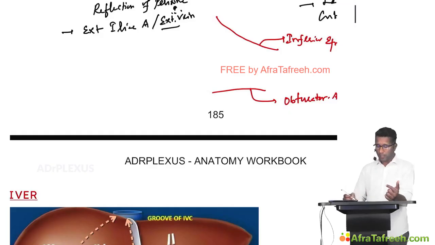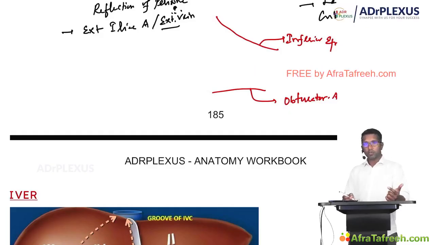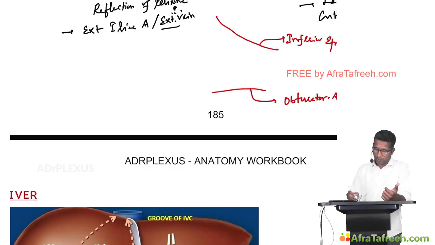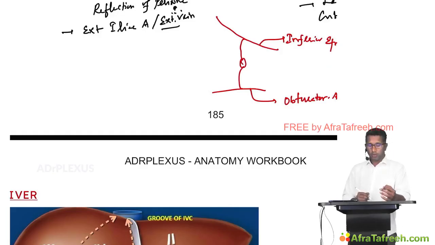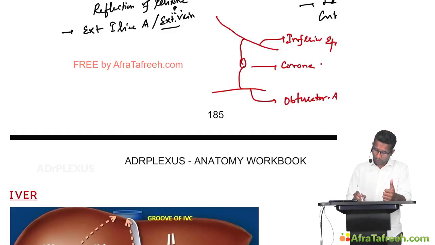Now the inferior epigastric artery gives a branch called the pubic branch. The obturator artery also gives a pubic branch. Both of them anastomose. This anastomosis is called the corona mortis.